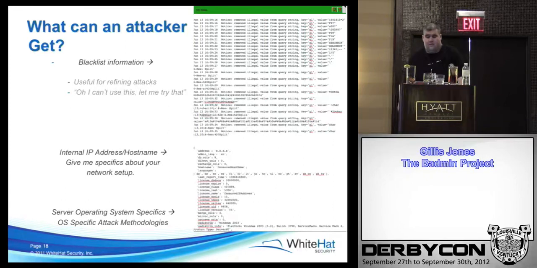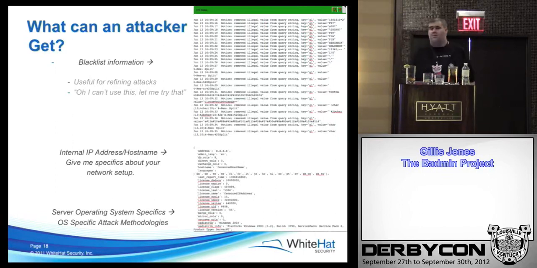Now you can use it for refining attacks, and in this case, it actually gave me an internal IP address, which of course allowed me to pivot and call the host name directly. It gives me specifics about your network setup, so I don't have to shoot around blind on your internal network, throwing up flags. It also tells me what server operating system you're running.